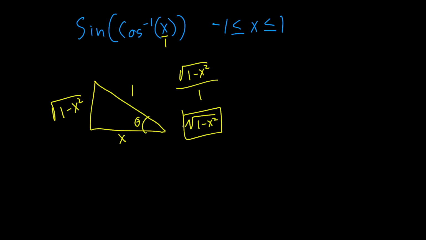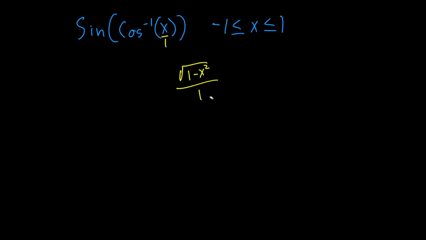Now let's take a look at what this looks like working through it as trig functions, or trig identities, I should say. We're going to use the Pythagorean trig identity.